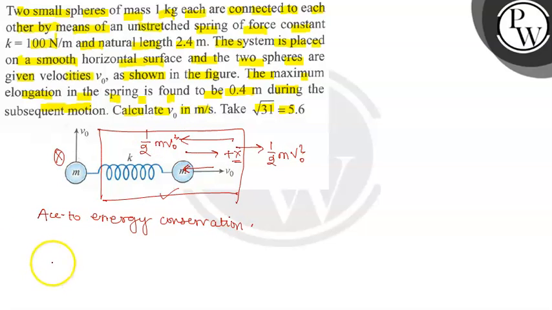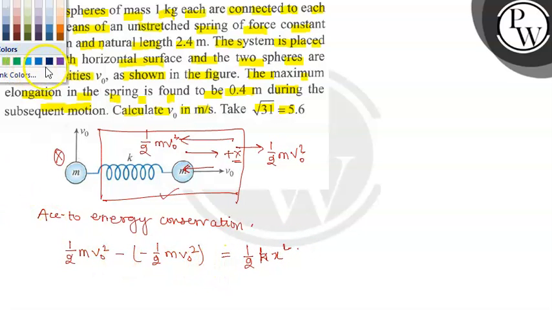While summing, we have 1 by 2 m v naught square plus 1 by 2 m v naught square, so finally we will have the final value of half k x square.